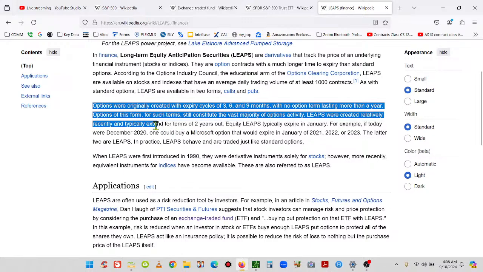LEAPs were created relatively recently and typically extended for terms of 2 years out. Okay, that's what I meant by LEAP. I just meant a really long-term option contract.